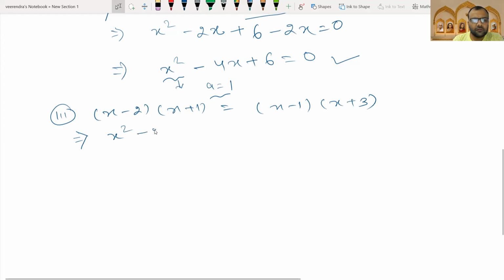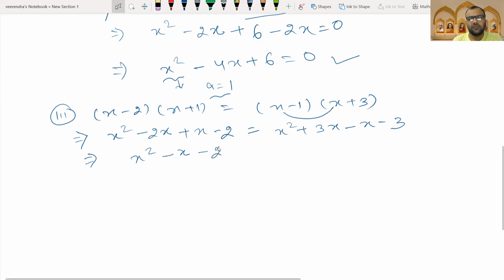X with minus 2 will give minus 2x, plus 1 into x will come x, and minus 2, is equal to x into x is x square. Then x with 3 will come plus 3x, minus 1 into x is minus x, minus 1 into 3 is minus 3. So it will become x square minus x, because minus 2x plus x is minus x, minus 2, is equal to x square plus 3x minus x plus 2x minus 3.